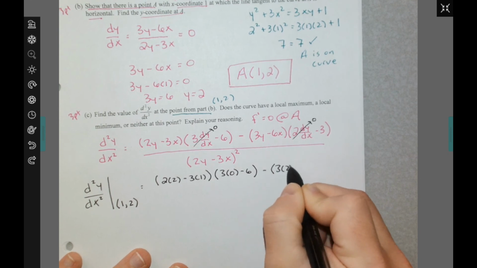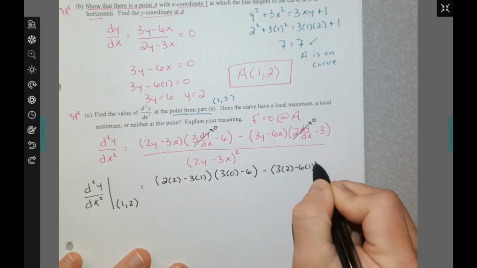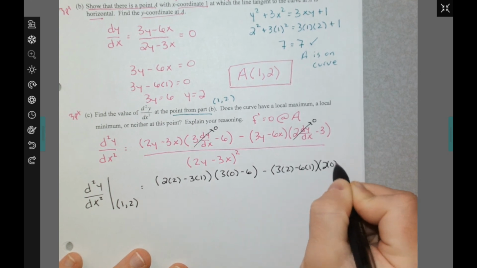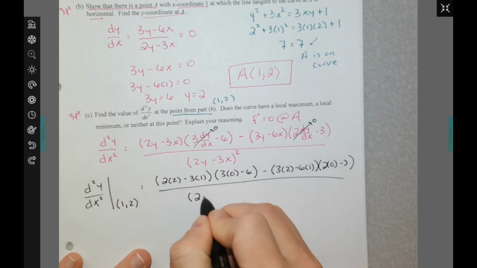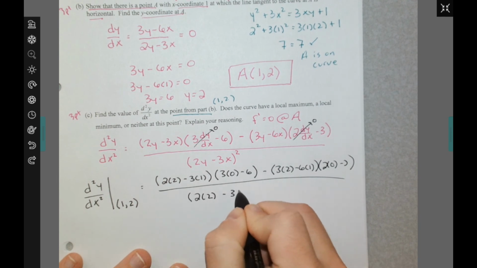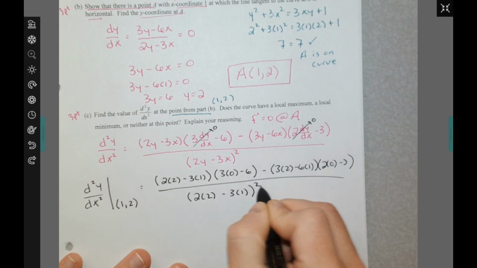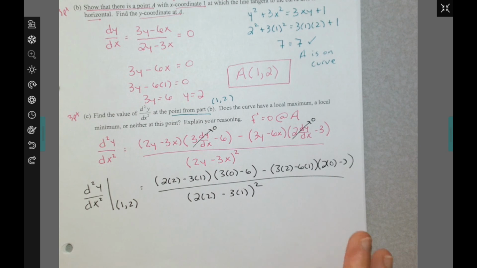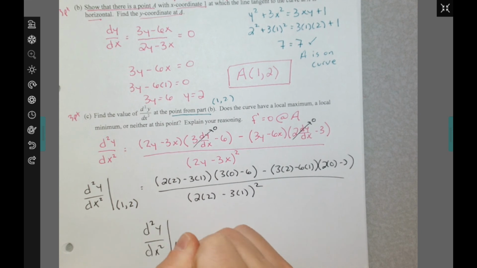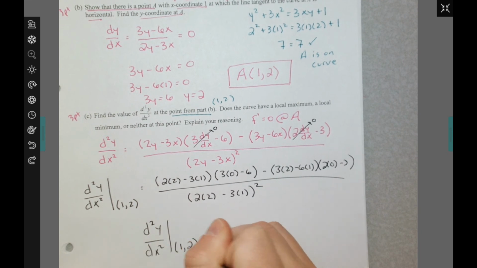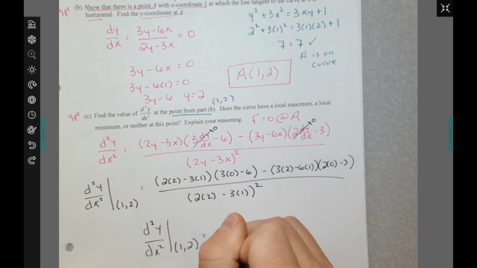You got 3 times 2 minus 6 times 1, times 2 times 0 minus 3. And then we are all over 2 times 2 minus 3 times 1, and then we're squaring that whole mess. All right, when you work this whole thing out, you should get an answer of -6. So I'm going to say, hey, when we evaluated that at the point 1, 2, we get a value of -6.